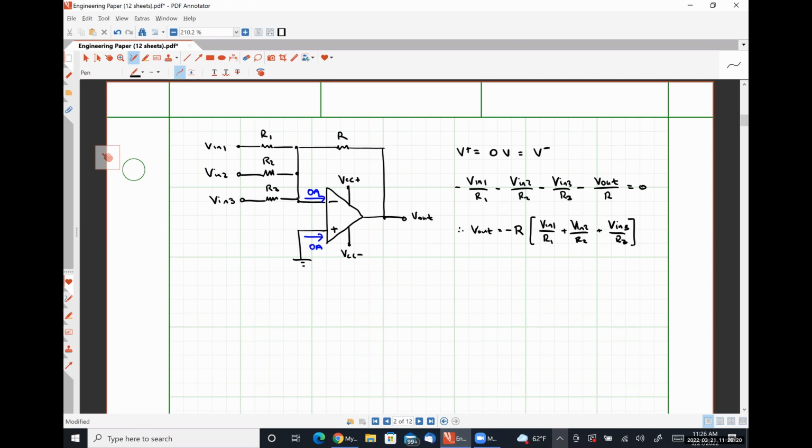We can't really define a voltage gain for this system because we don't have a single input versus single output relationship. So let's talk about what's going on, okay? This amplifier is what's called a weighted inverting summer. I'll write that down.